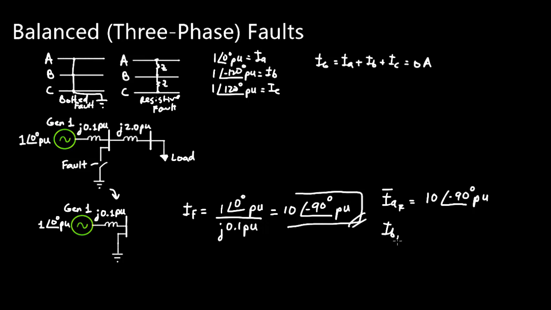And then the B and C phases are going to be separated by 120 degrees from that. So we get minus 90 minus 120, that would be an angle of minus 210 degrees. And then C phase is going to be at positive 30 degrees.